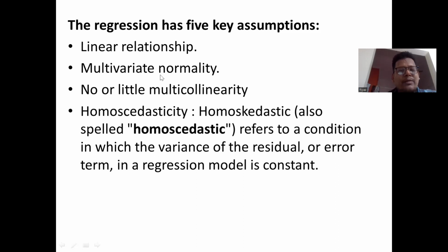Multivariate normality means if you have x1, x2, x3 and y, that is independent variables and dependent variable, all of x1, x2, x3 should have a similar scale of values. Like if I am considering salary and experience, salary has a huge number, six digit or five digit numbers.